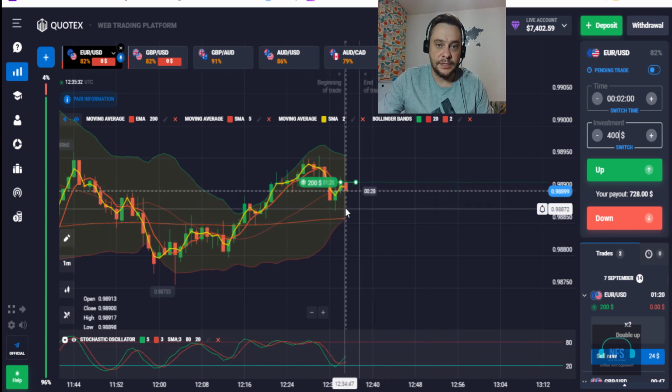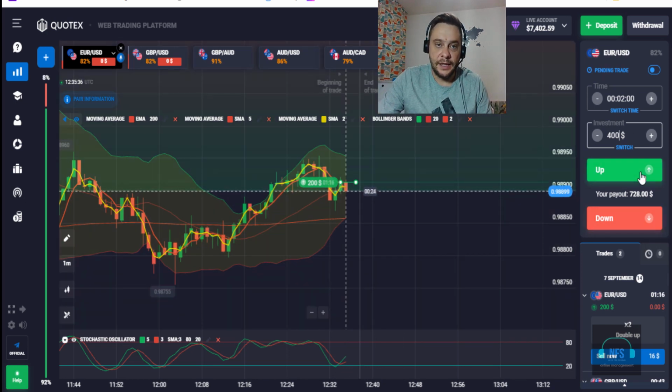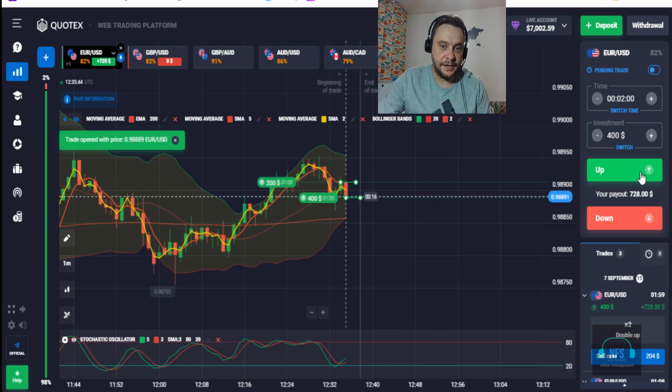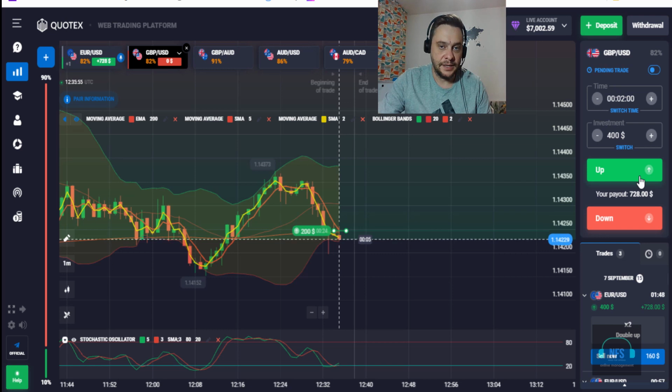As you can see, the price is going down a little bit, and of course, it is going down more. I think now is the moment to place an up trade here. Yes, and let's see GBP USD.